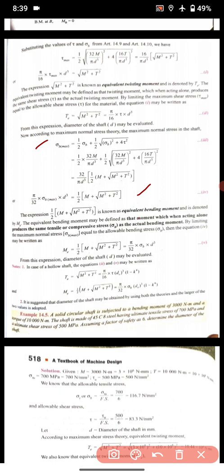And this equivalent bending moment may be defined as that moment which, when acting alone, produces the same tensile or compressive stress as the actual bending moment. Okay, so ME is equal to 1/2 (M plus the square root of M square plus T square), equal to pi by 32 sigma b multiplied by d cube.